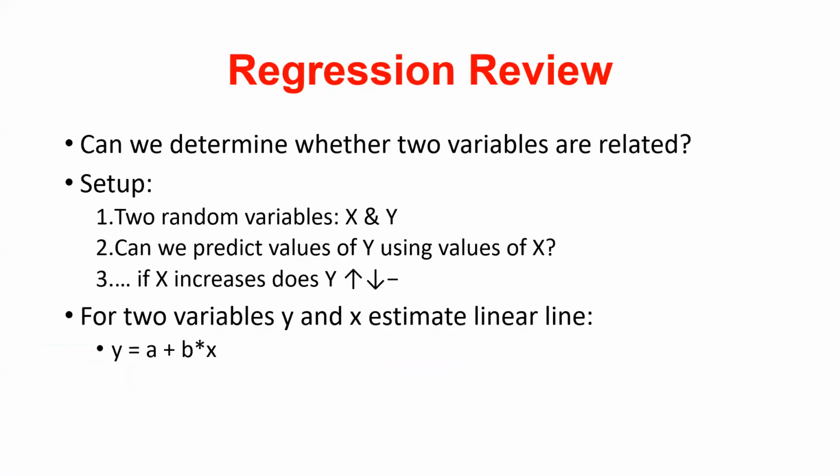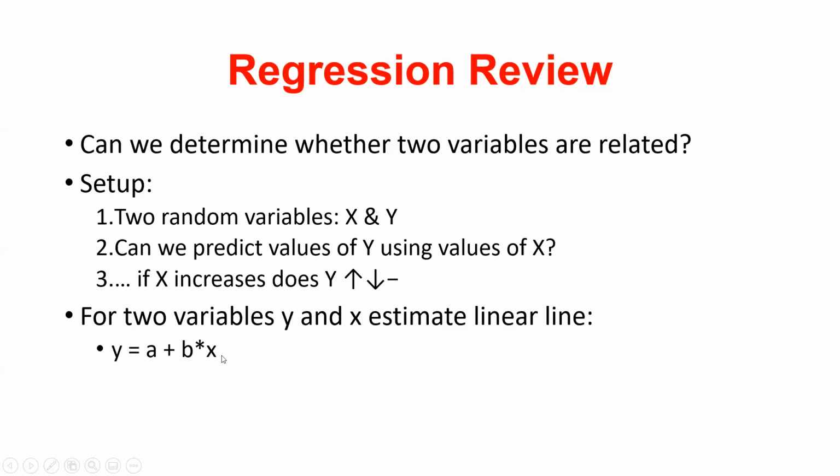We'll definitely spend more time on this every single week. I talked about it with your projects and these papers that we're going to be going through every week: we want to think about how we can use regression results to understand the relationship between two variables. What we're trying to do with regression is say, I have this variable y, and it's a function of this other variable x.